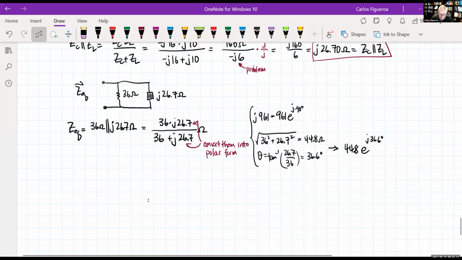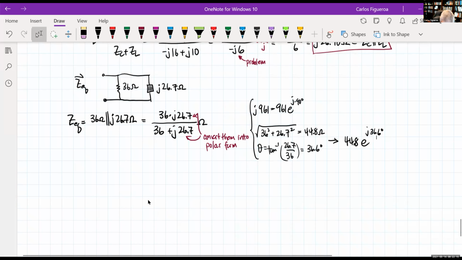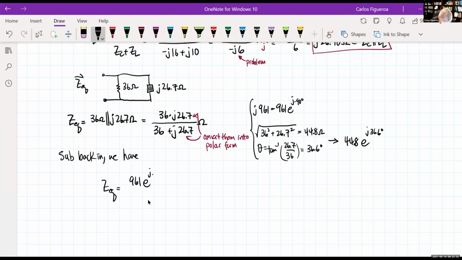So now if I do the algebra, I'm going to sub back in. We have Z equivalent, which will then be 961 e to the j 90 degrees divided by 44.8 e to the j 36.6 degrees.